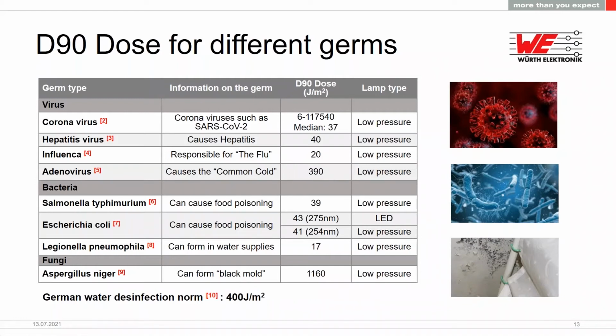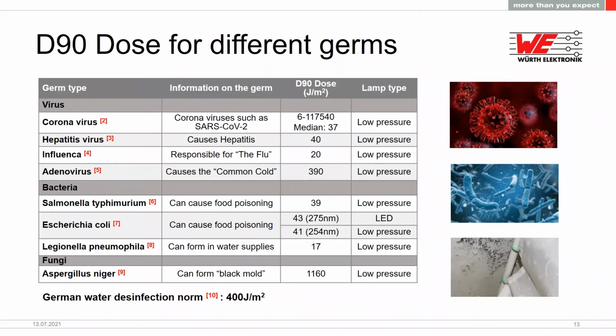And those low pressure UVC tubes mainly emit around 254 nanometers. And what you can see is actually that those values are quite similar. So we can approximately assume that the D90 doses that I've given here for the low pressure lamps are actually also almost applicable to LEDs. So we can take similar values for the D90 dose for our LEDs.